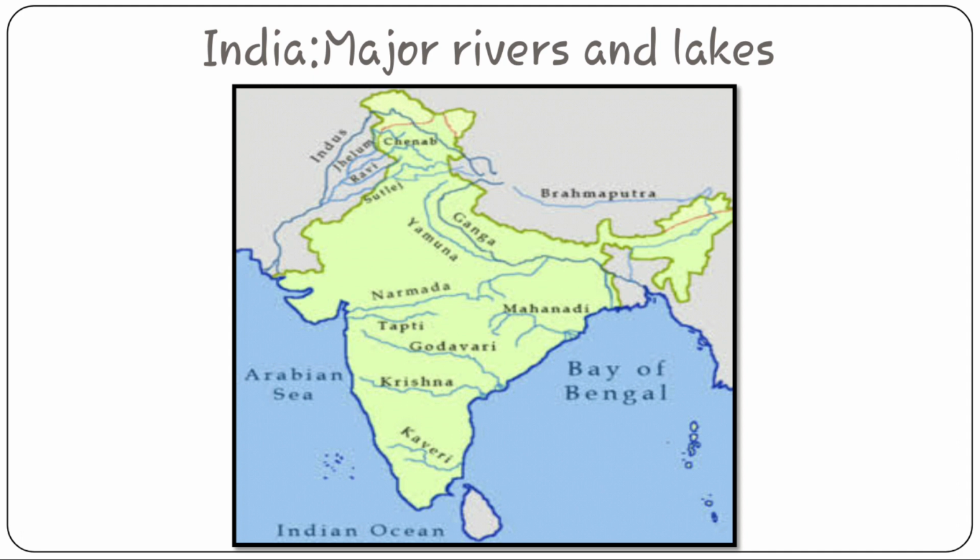In this map of India, you will be able to see the major rivers and lakes. We will first start with our Himalayan rivers. See the Sindhu river, Brahmaputra river and the Ganga river.